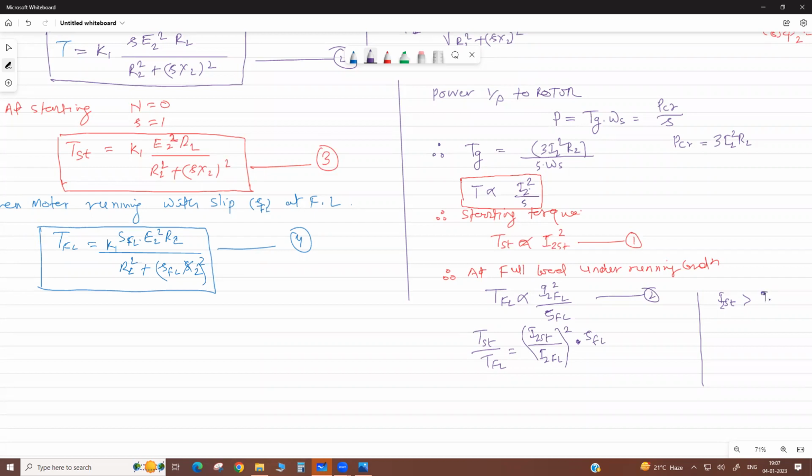Generally it is greater than the full load current, correct? Starting current is higher than the full load current. That's why starting torque is higher than the full load torque. So we can show it with this relation.